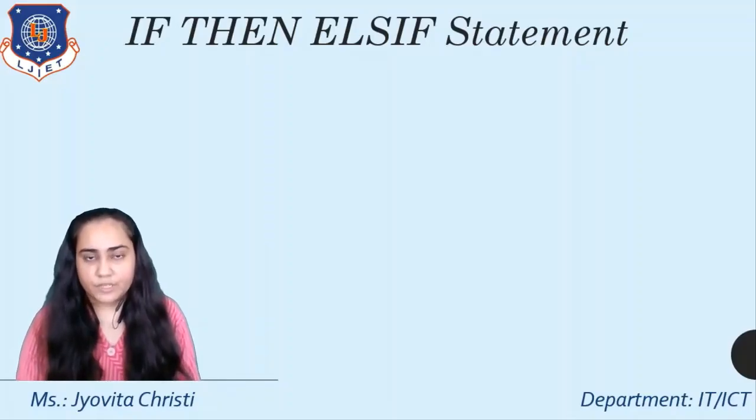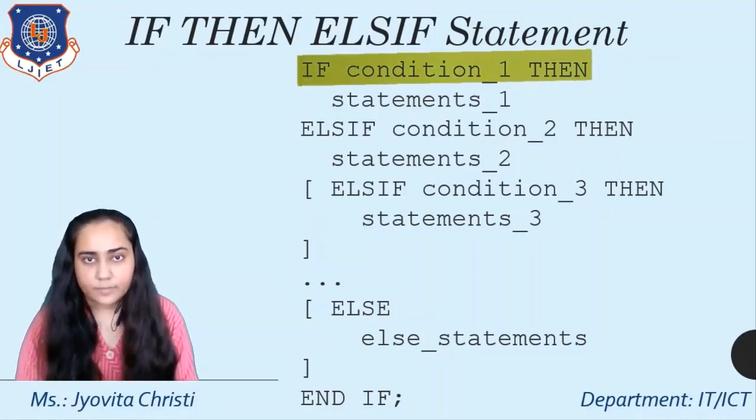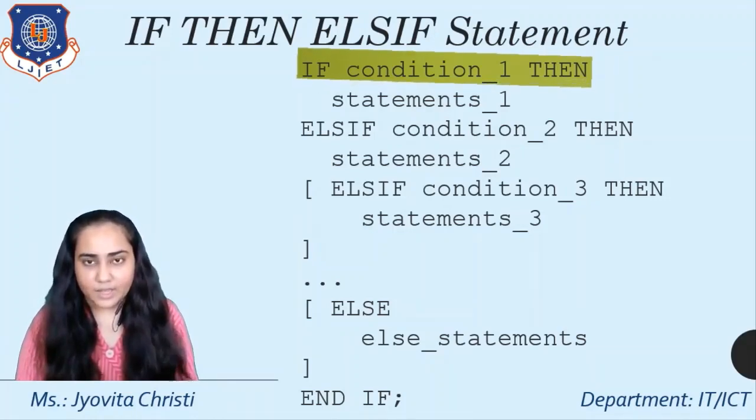This is the structure of the if then else if statement. In this structure, the condition between if and then, which is the first condition, is always evaluated. All other conditions between else if and then are evaluated only if the preceding condition is false.